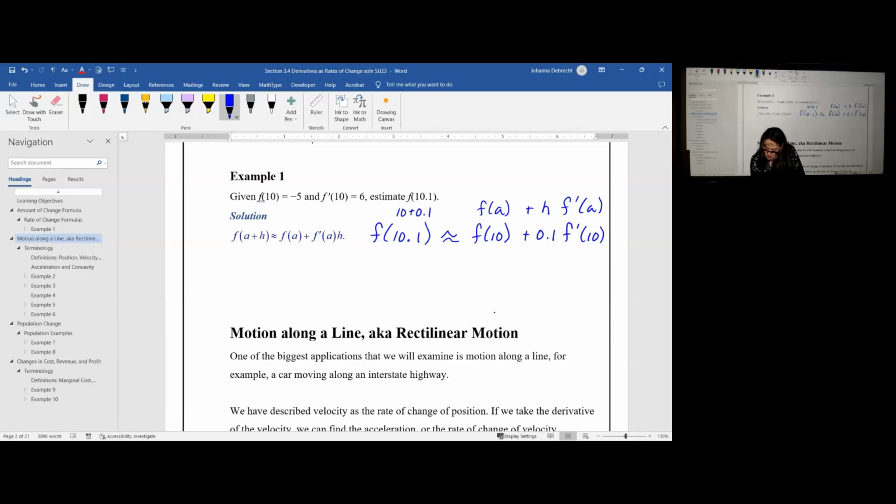Working this out, we have an approximation of -5 plus 0.1 times 6. This is going to come out to be -4.4. We're approximating the true value on the function for f of 10.1 with the value on the tangent line, which is negative 4.4.